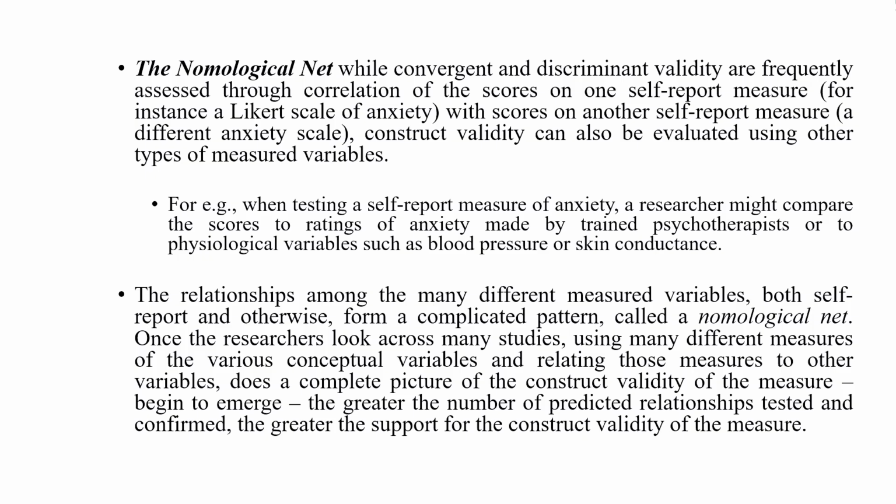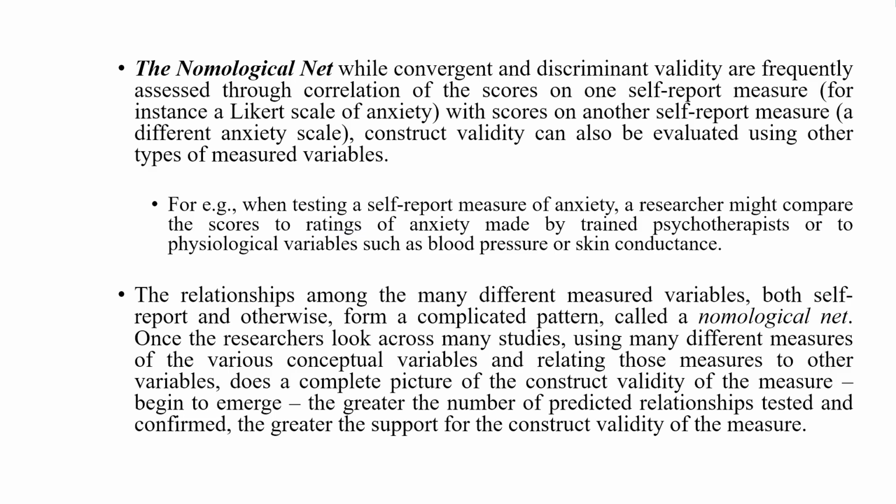Now, if you have different measured variables for the same conceptual variable, it is possible, if you are looking at it across a large number of studies, that they will form a complicated pattern called a nomological net. So, once the researchers have looked across several studies and they have used several different measured variables for this same conceptual variable, let us say aggression, and they have related these measures to each other, then a complete picture starts to emerge.